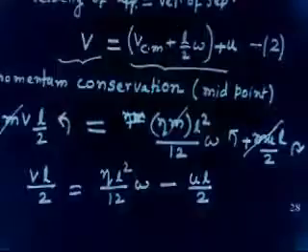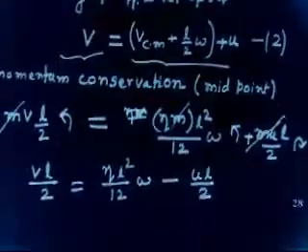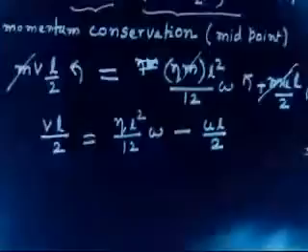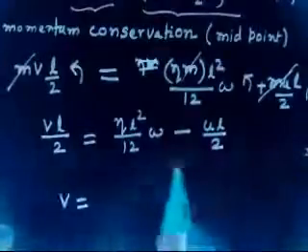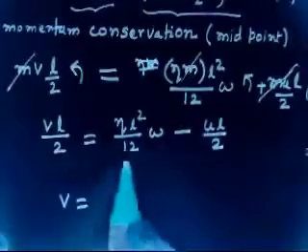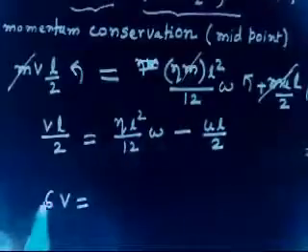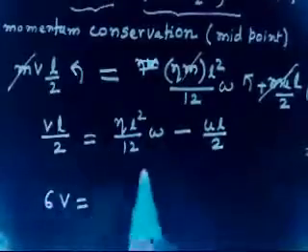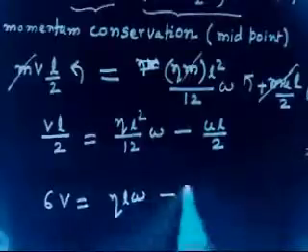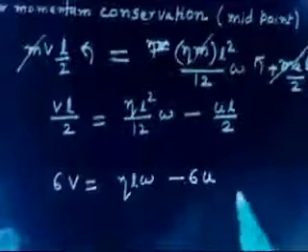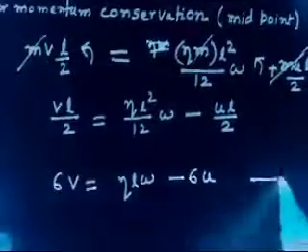If you do some more manipulation on this equation, let us cancel this. 2 will be multiplied and L will also multiply. Let us multiply by 12, so you will have 6v equals, L goes out, eta L omega minus 6u. Are you getting? So this is the third equation you have.